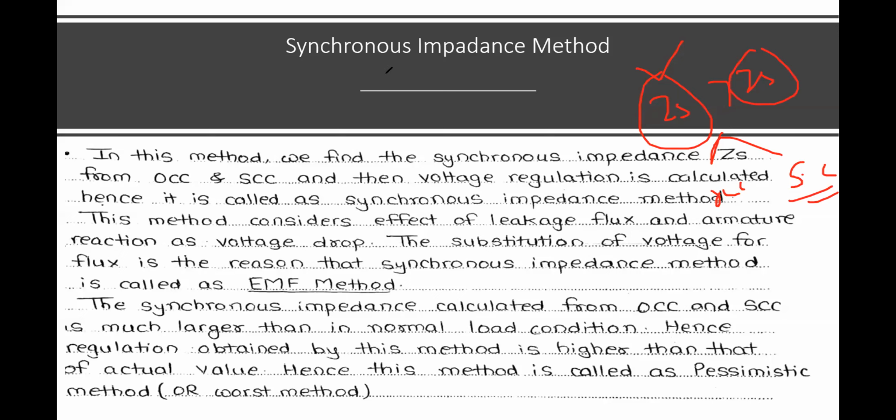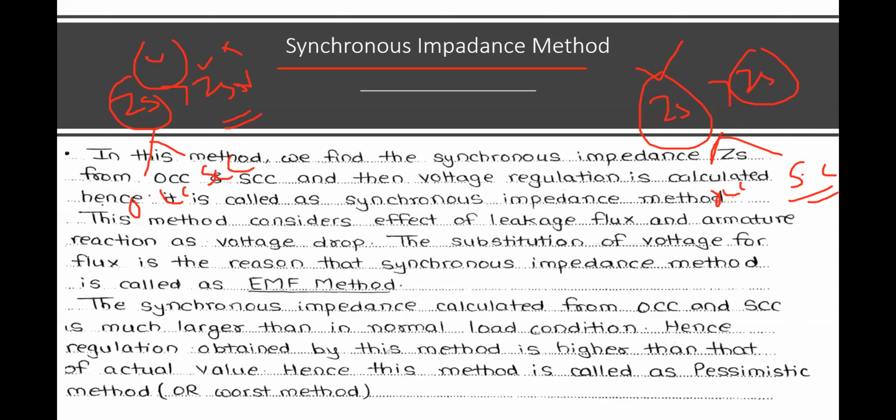We always get a synchronous impedance value greater than the normal value. What is meant by normal value? This is your true value and this is your calculated value. The true value is the value present on your nameplate. But if I calculate it by the synchronous impedance method using OCC and SCC, it gives me ZS greater than this true impedance value.